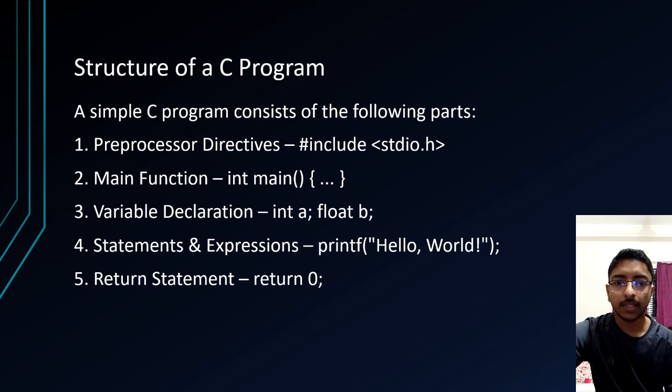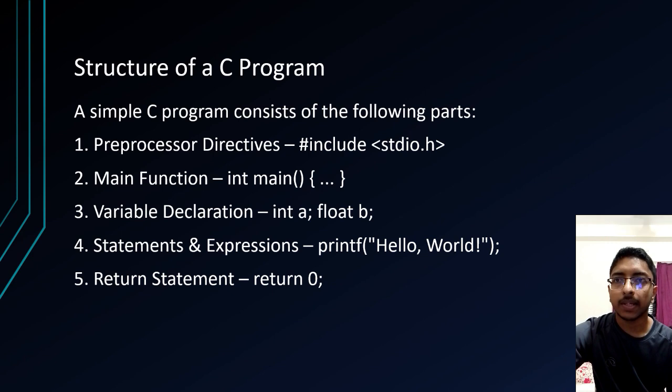The structure of a C program. A simple C program consists of the following parts. Number 1, preprocessor directives like #include <stdio.h>, which means standard input output header file. Secondly, it has a main function, which we write int main.